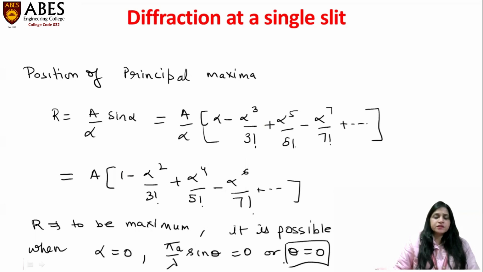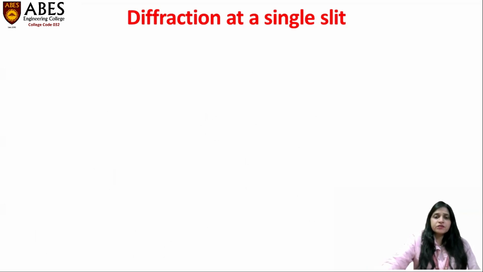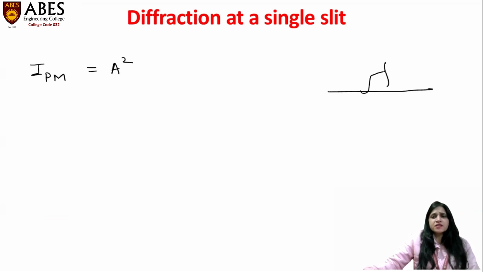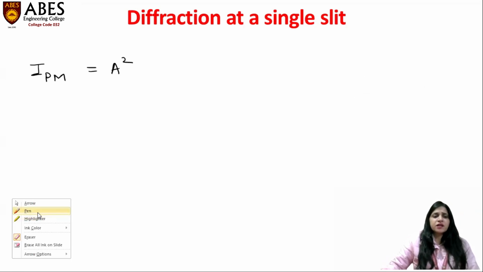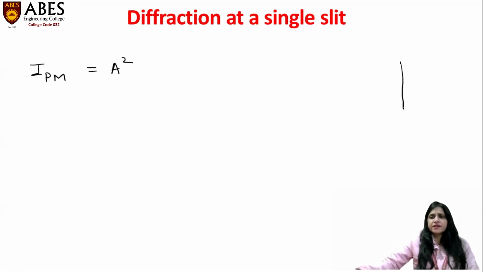Very important point. Over here at theta equals 0, what we are getting is the intensity of principal maxima due to single slit equals A square. Originally also, where is the central maxima forming when we talk about diffraction? You all remember we drew the graph.